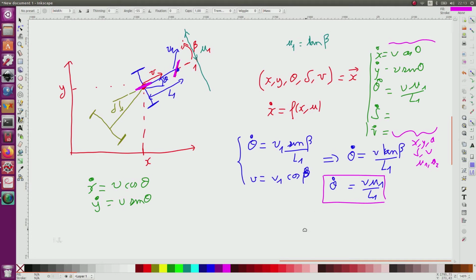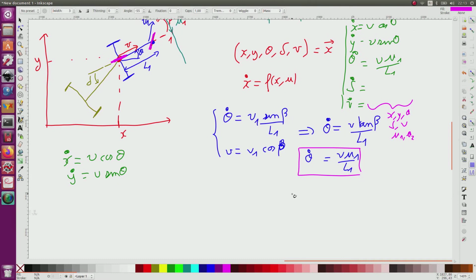So I will take exactly the same relation, but the angle of the second sledge is not delta anymore, it corresponds to theta plus delta.